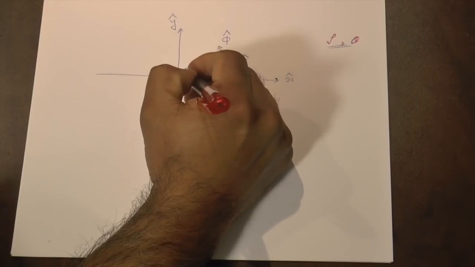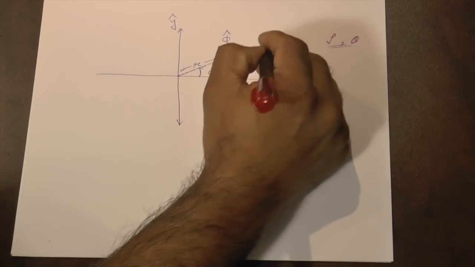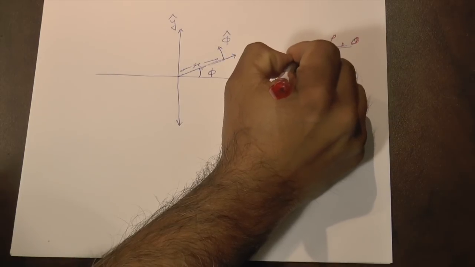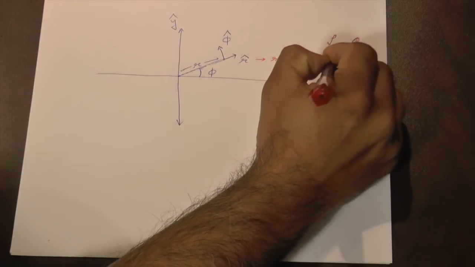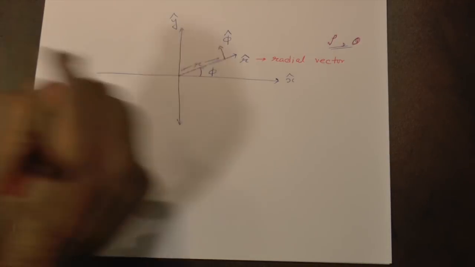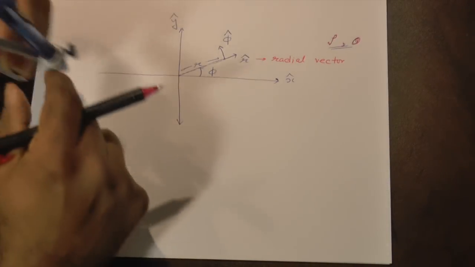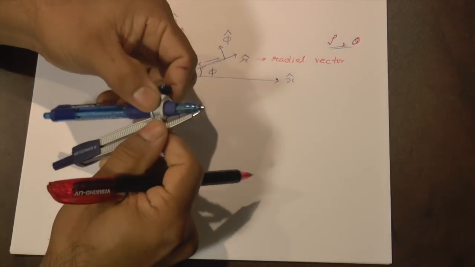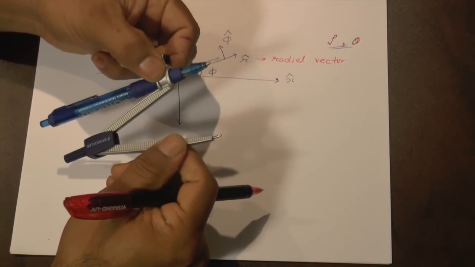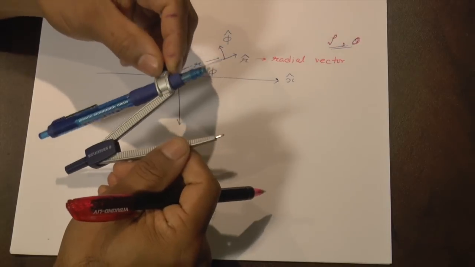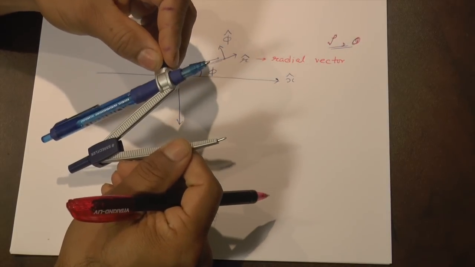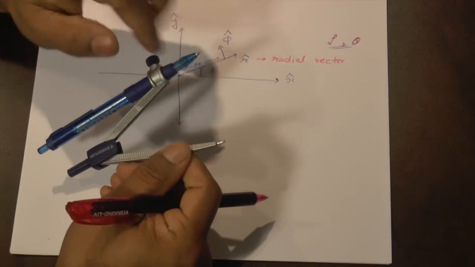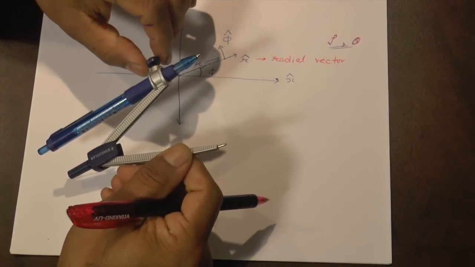So basically this polar coordinate system is defined by a vector which is a radial vector, and what that vector is doing is what you were doing with your compass, taking and pulling it outwards. So this is the job of this radial vector, and I can adjust the distance from the center using this radial vector.